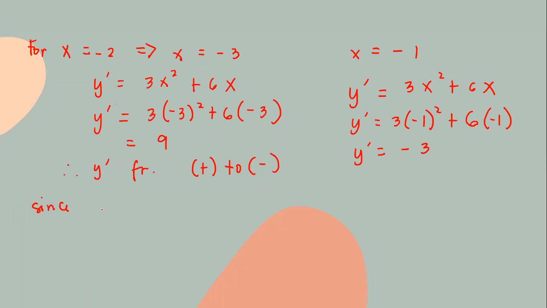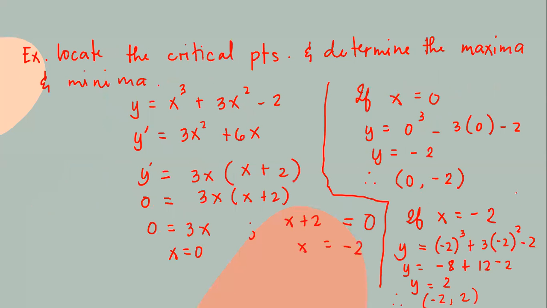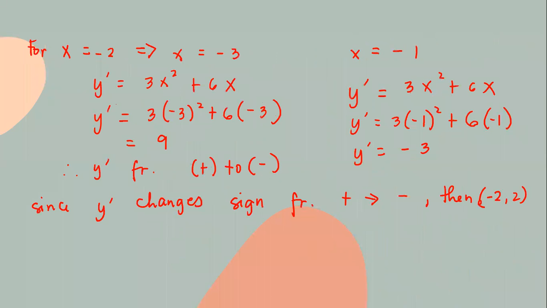Since y prime changes sign from positive to negative, then negative 2 and 2, this one, is the maximum point.